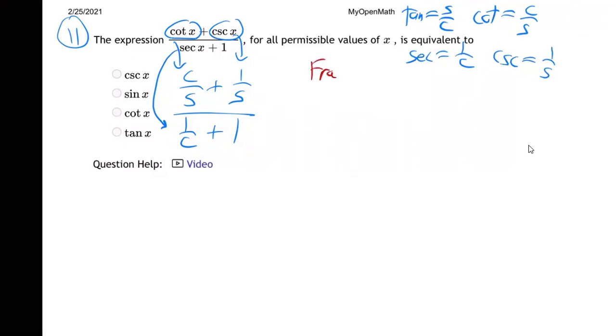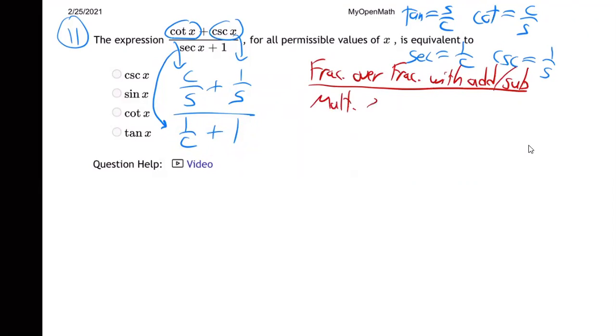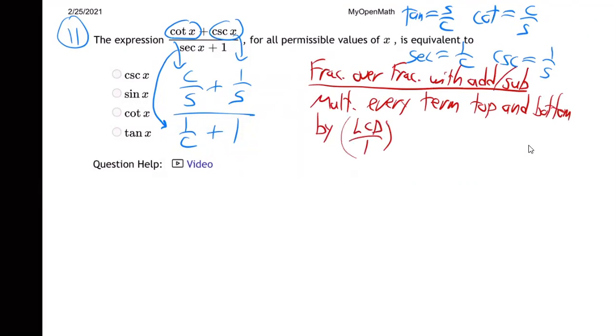When we have fractions over fractions with adding or subtracting, what do we do? We multiply every term, top and bottom, by LCD over 1. And what is the LCD?